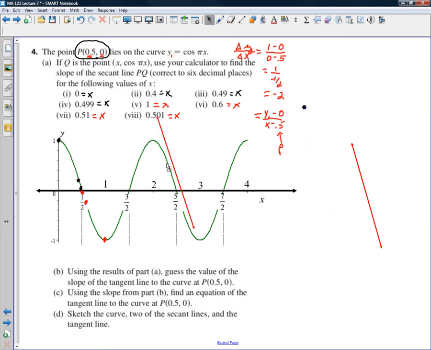fancy what's happening here. When we have that first point there at 0, and we have our given point P, the slope of that line is negative 2.